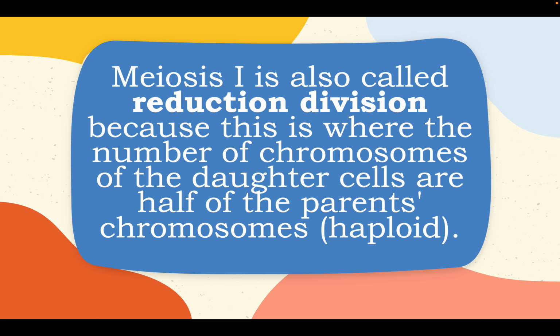These two daughter cells are now haploid and ready to go through meiosis 2, which further separates the sister chromatids to produce a total of 4 haploid gametes. So in meiosis 1, it is the reduction in chromosome number, leading to haploid daughter cells, and this is essential for, as I repeat, sexual reproduction and genetic diversity.